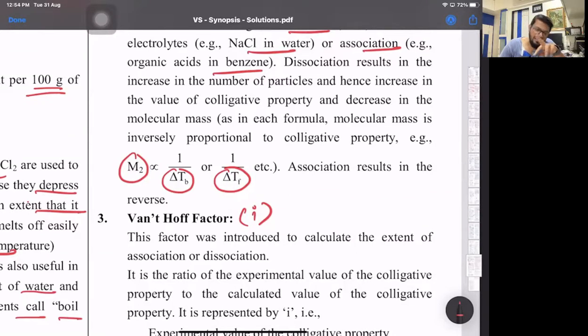It is the same thing if I talk with molar mass, but it is reciprocal because molar mass and colligative properties are inversely proportional. So the Van 't Hoff factor i is observed particles upon theoretical particles. With respect to molar mass, the Van 't Hoff factor i will be theoretical mass upon observed molar mass.